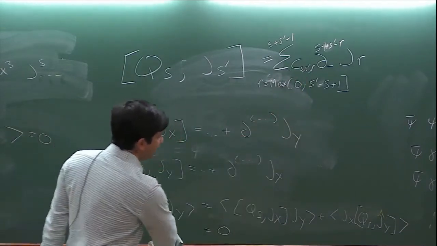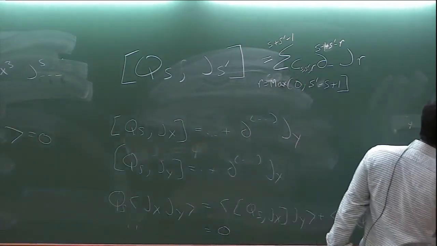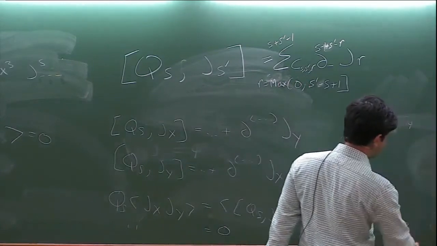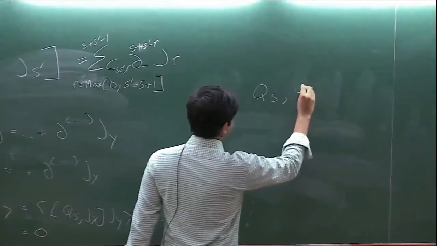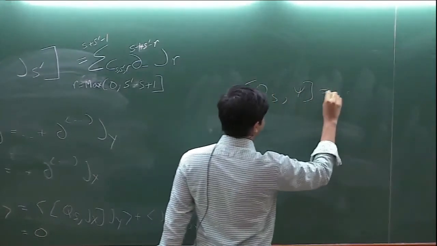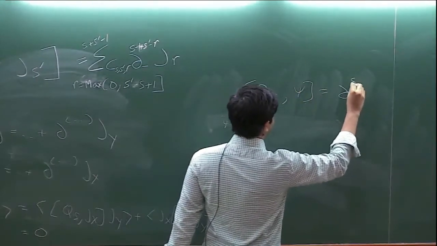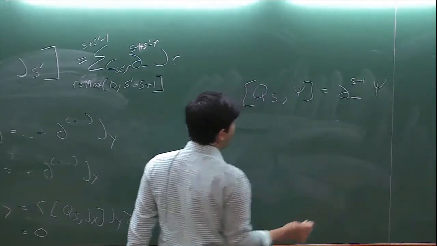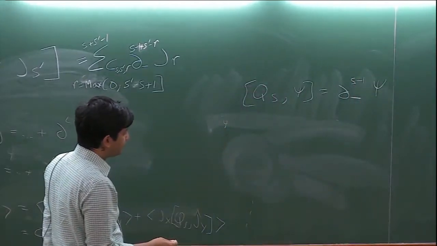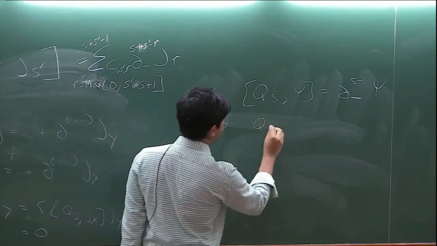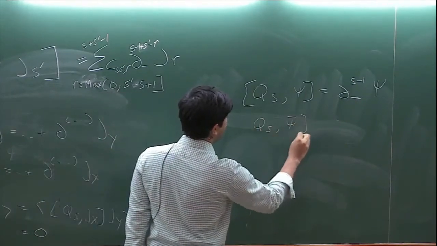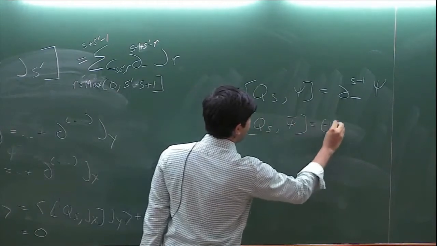If you want to know what the values of the C's are in free theory, you can define Q S, say, on psi to be d minus to the S minus 1 psi, and a similar relation for psi bar, maybe with some minus 1.